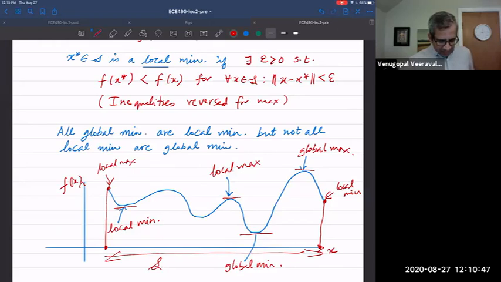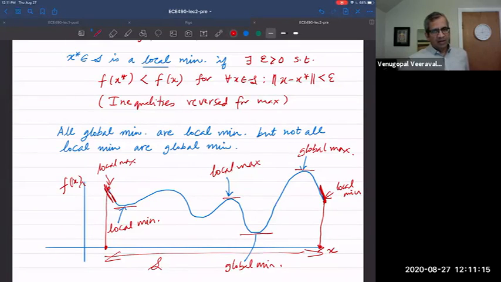But that seems to only hold for the points inside, right? What about here? Here the derivative is not 0. Here it's some negative value, and here also it's some negative value. So it's not necessarily 0 if you have a constraint set like this.